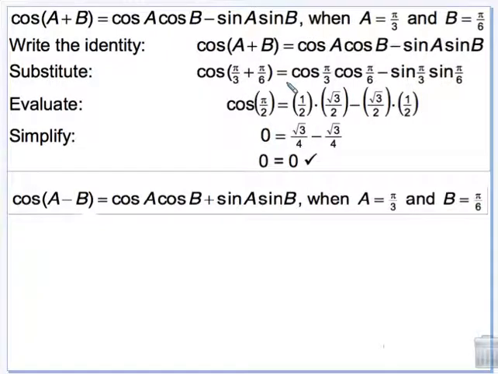Okay, the way you're going to prove this is you're going to take all of your A's that's in the equation, every single one of them, and you're going to plug in pi over 3. Okay? Then you're going to take all your B's in the equation and you're going to plug in pi over 6.